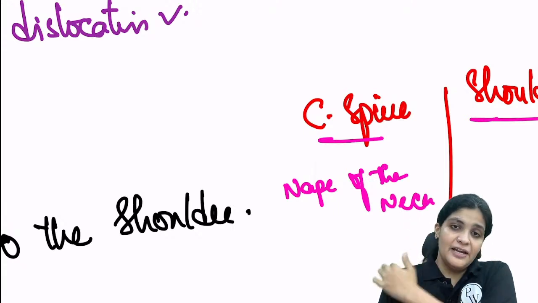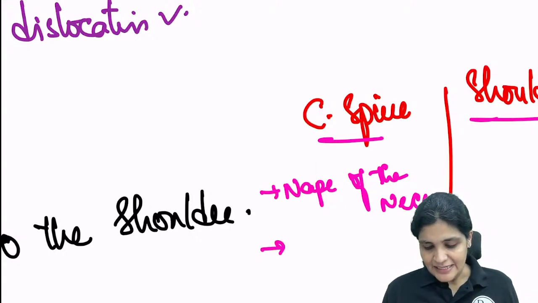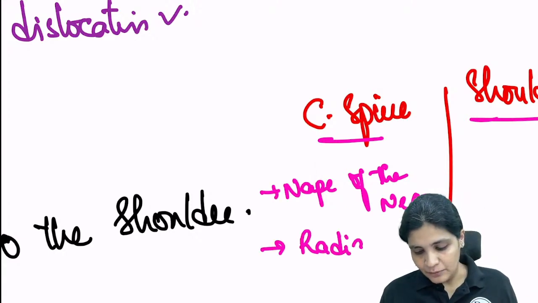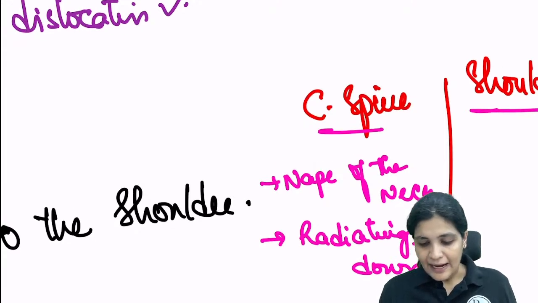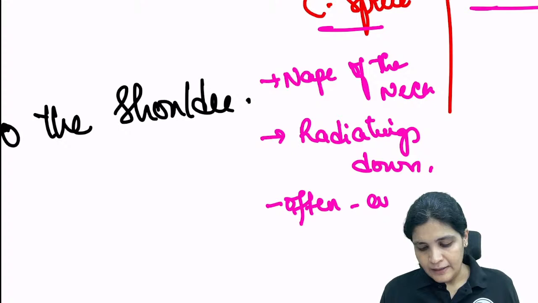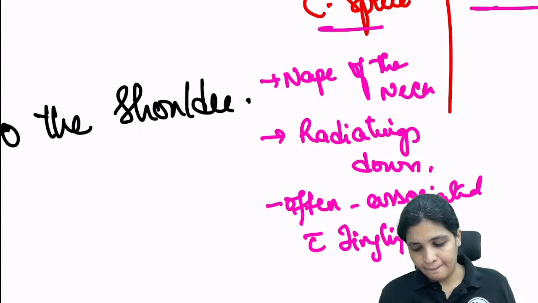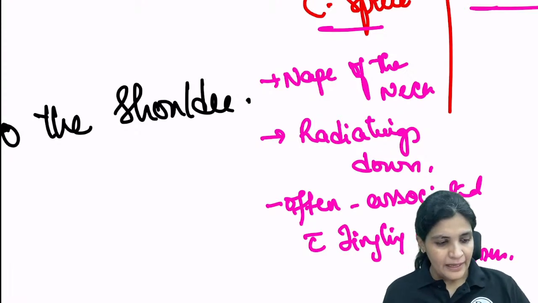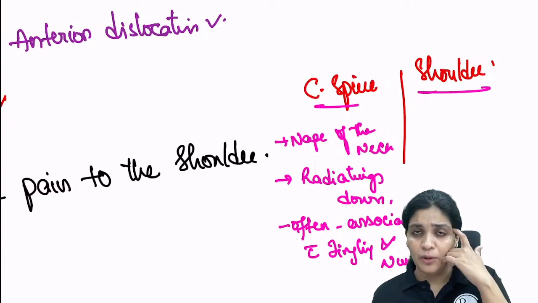It is usually not at this level that the pain starts. And she tells you that it is radiating down, and often associated with tingling and numbness. It is probably a shooting type of pain. You can think this is somewhat neuropathy.